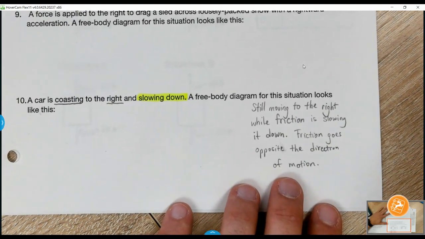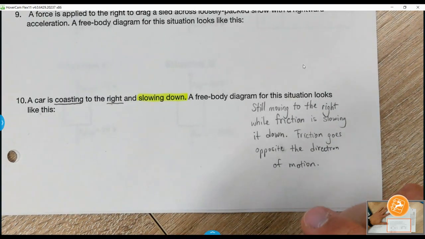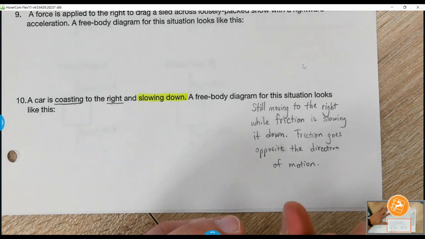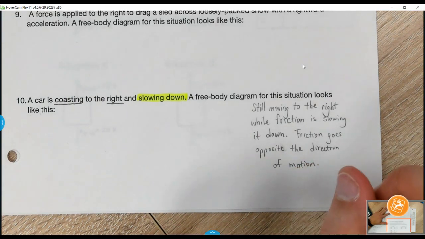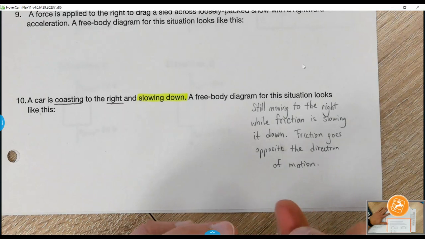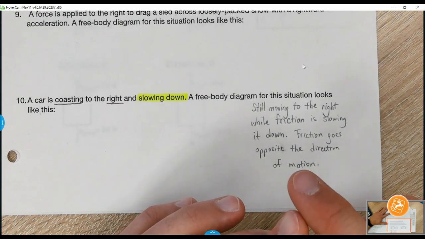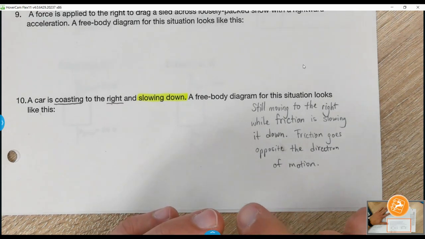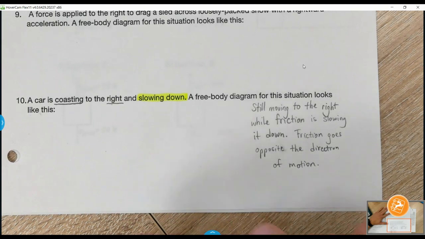So if this thing is moving to the right, friction acts in the opposite direction. So even though this thing's moving to the right, what direction would friction then have to be? Opposite. So if it's moving to the right, friction would have to be going to the left.